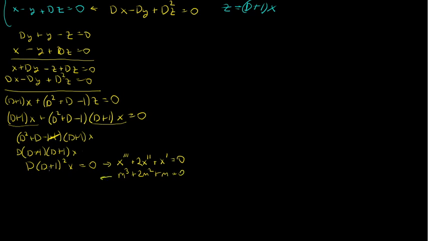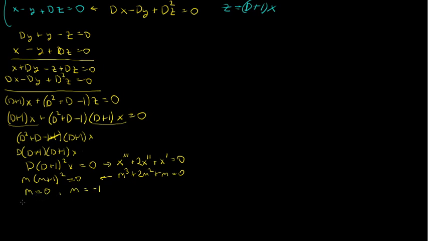However, you'll notice that it's going to look very much like this. It's going to be m times (m plus 1) squared equals 0. So there are two solutions to the auxiliary equation: m equals 0, and m equals negative 1, which is a double root.